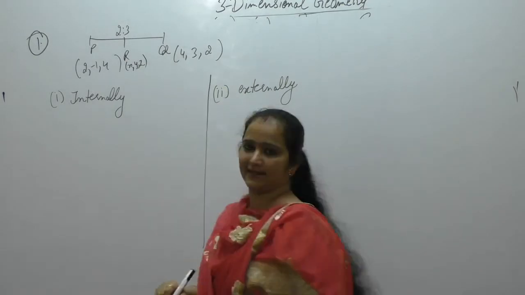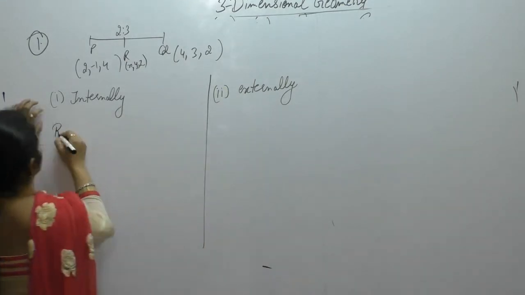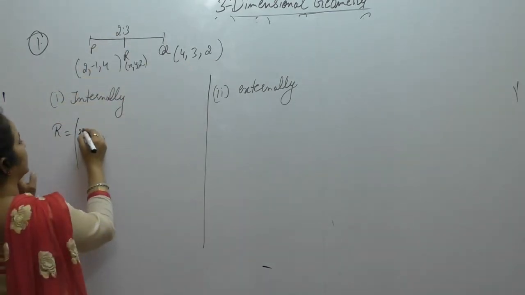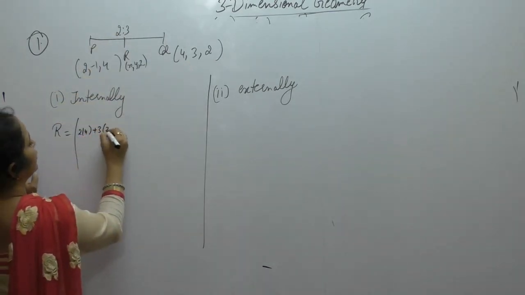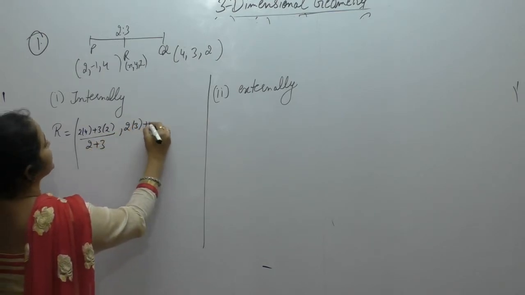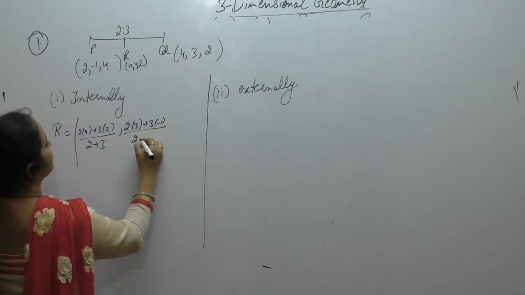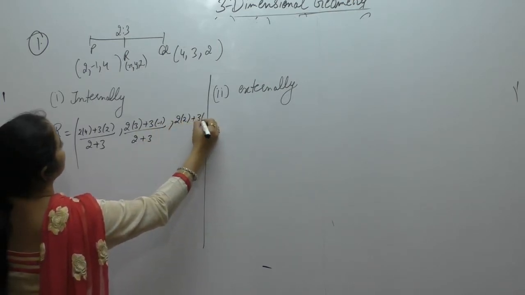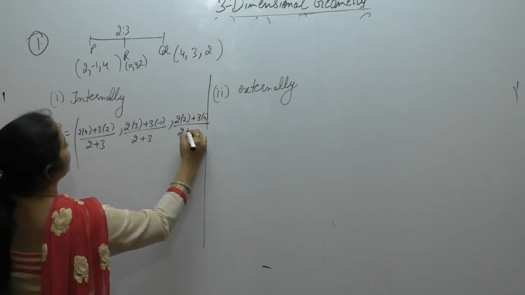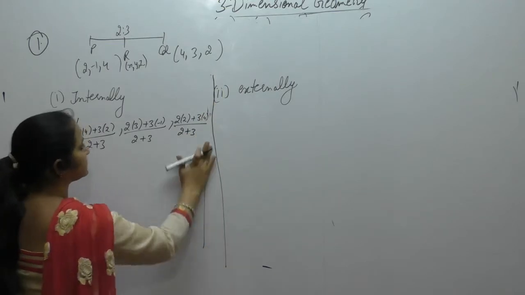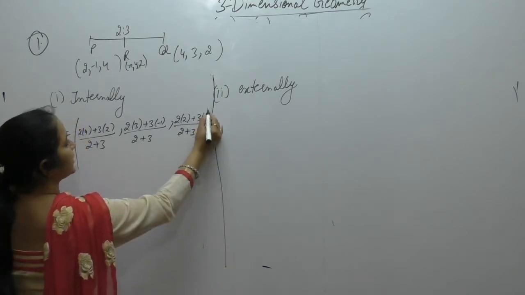If it divides internally, then coordinates of R are (m1 x2 plus m2 x1), that is 2 into 4 plus 3 into 2, upon 2 plus 3, (m1 y2 plus m2 y1) upon 2 plus 3, (m1 z2 plus m2 z1) upon 2 plus 3.